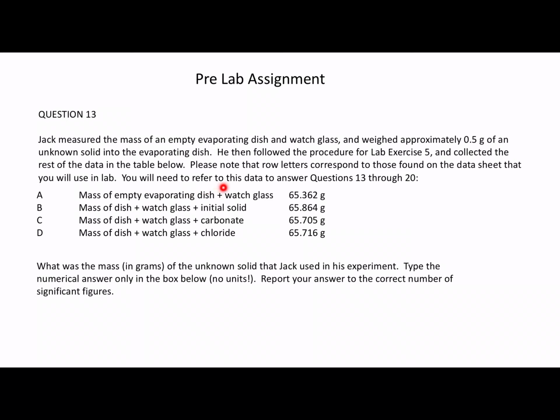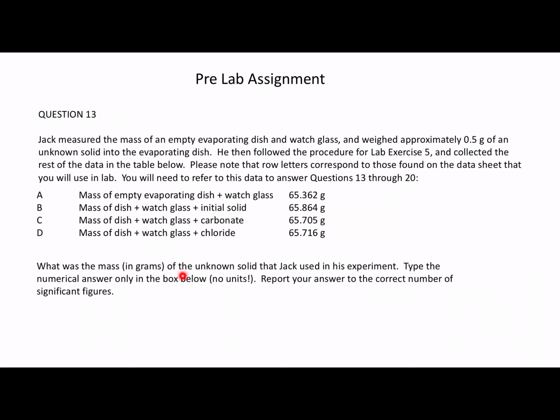You will need to refer to this data to answer questions 13 through 20. So the mass of the empty evaporating dish plus the watch glass is given as this amount, and then the mass of the dish, watch glass and the initial solid, this amount. After you do your first heating you're going to get a carbonate, that's this amount, and then the mass of the dish, watch glass and the chloride, which is your final product, and this is the mass of that.